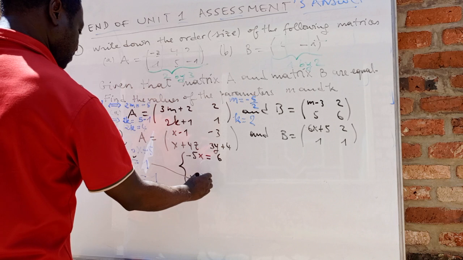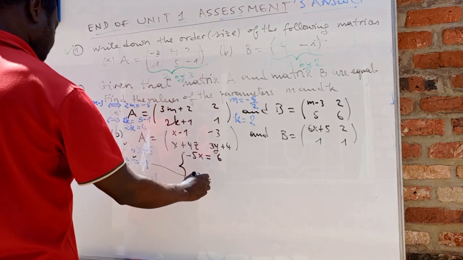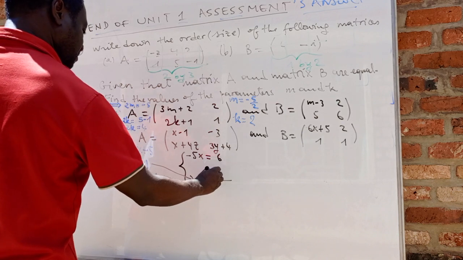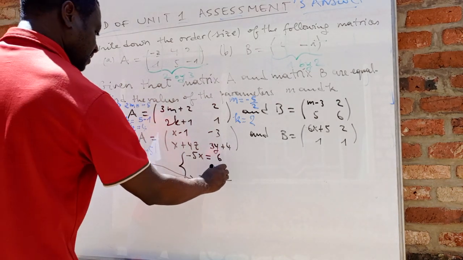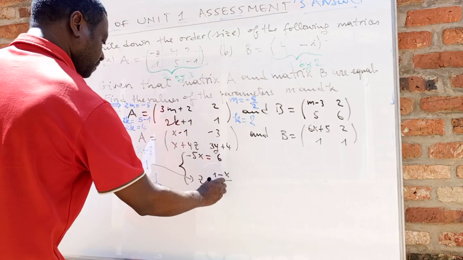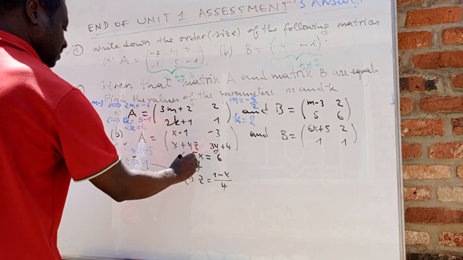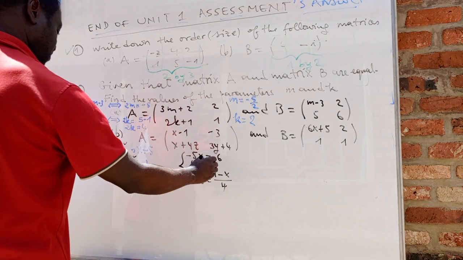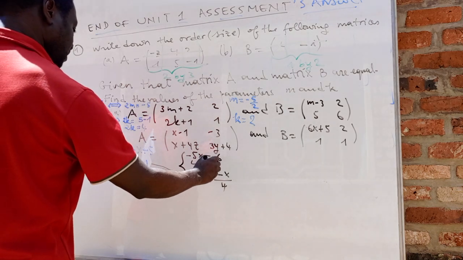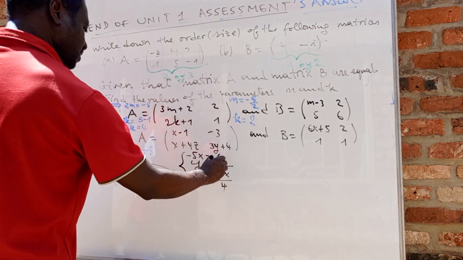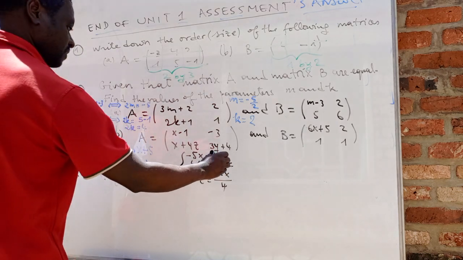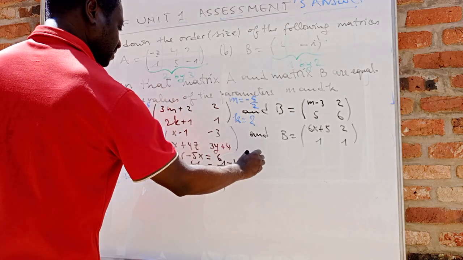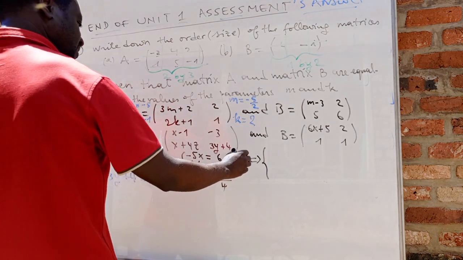Z is equal to 1 minus x divided by 4. And what about y? Y is going to be equal to, from the third equation, 1 minus 4 divided by 3. Now it is the same system as x.